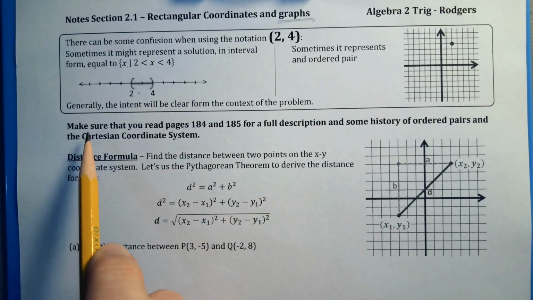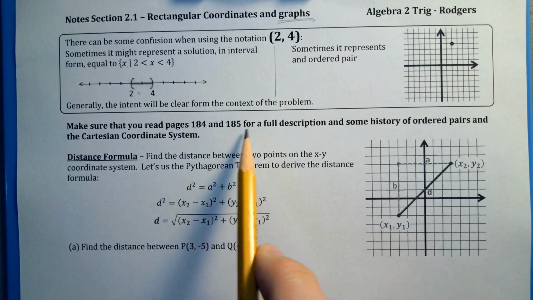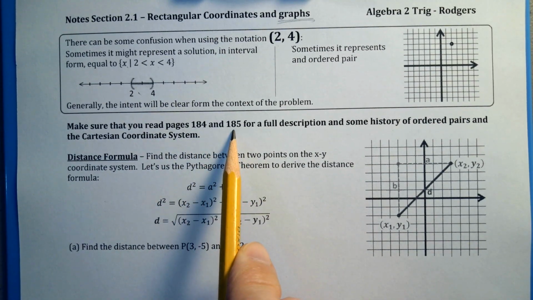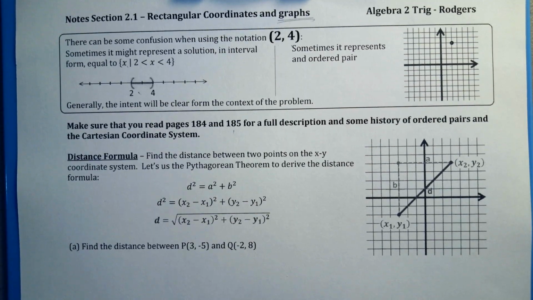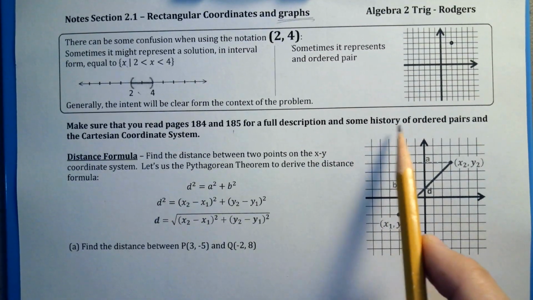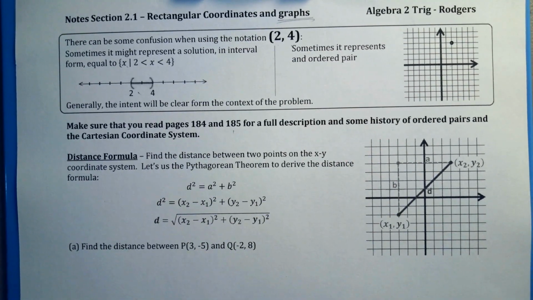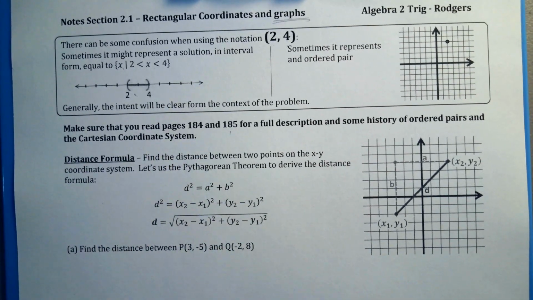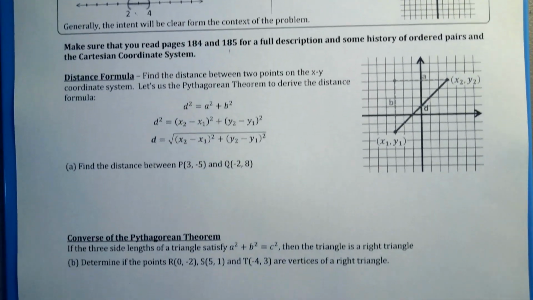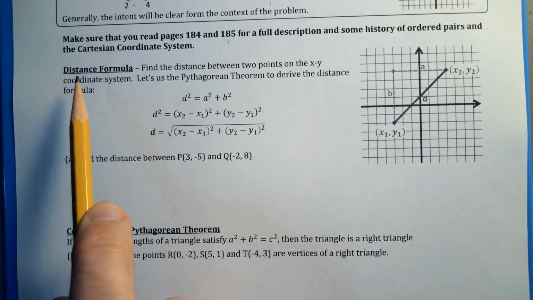All right, so please make sure that you read pages 184 to 185 in our textbooks, and this will give you a fuller description of some history of ordered pairs and the development of the Cartesian coordinate system. All right, let's start with the distance formula.